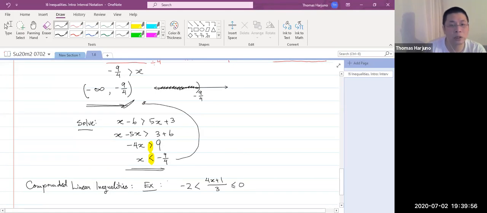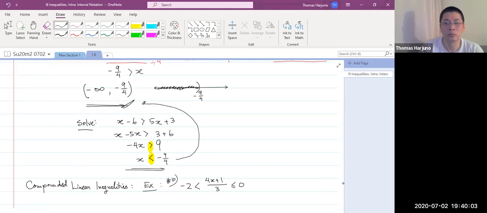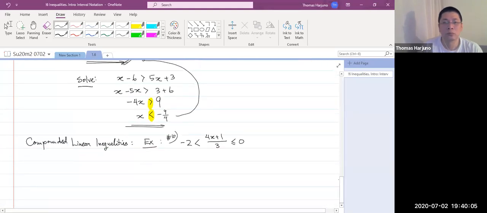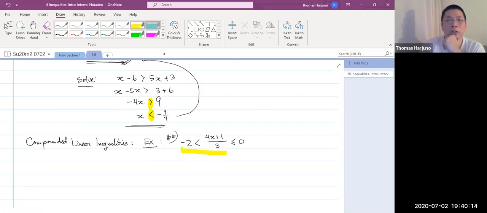This is question number 10 in our textbook, section 1.6. You have x only in the middle term, right? We call it compound because it actually consists of two inequalities.